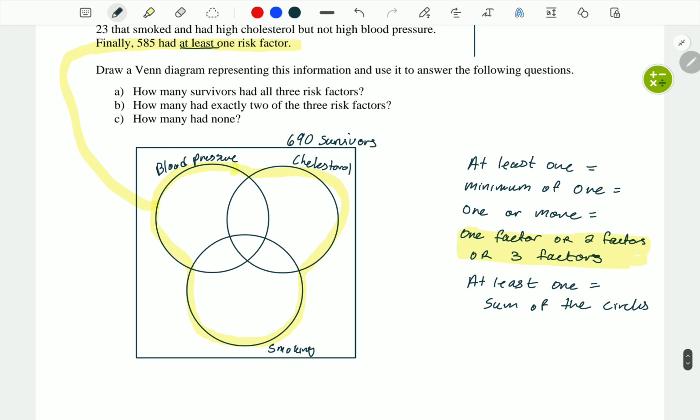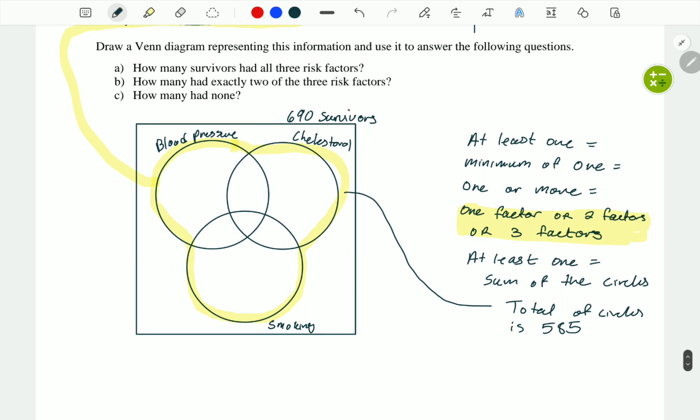If we know that the sum of the circles is 585, and we have 690 survivors in total, that means the remaining falls outside of the circles. The remaining amount have none of the 3 risk factors.